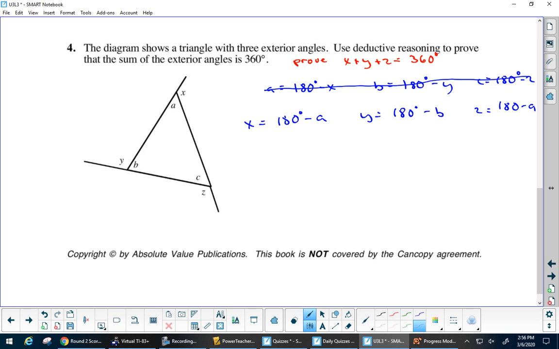Now I need to prove that x plus y plus z equals 180, or x plus y plus z equals 360, sorry.